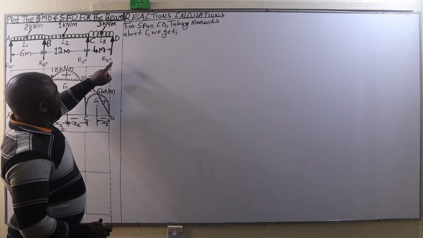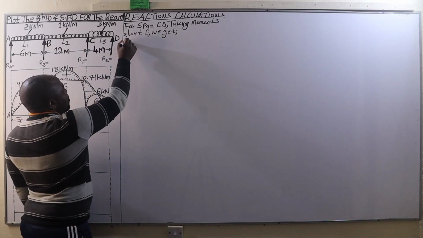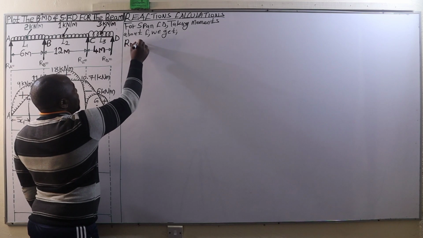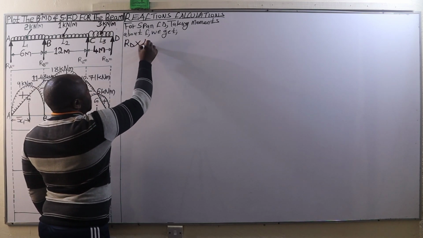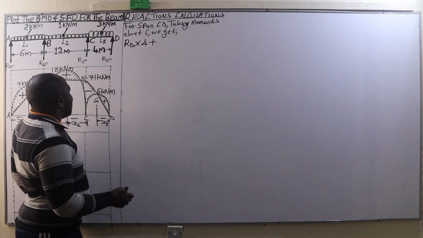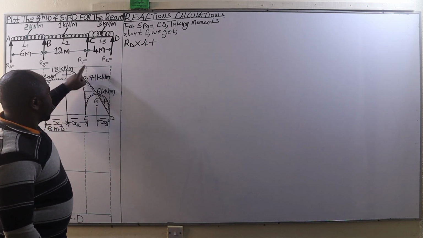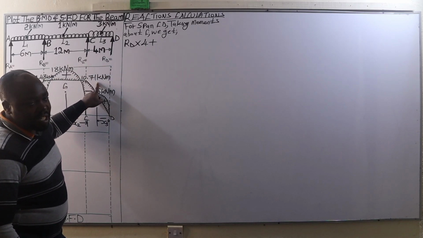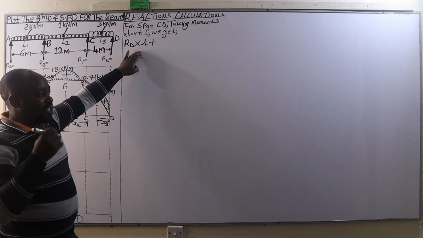So we are going to have RD times the distance from D to C, and that's going to be RD times the span D to C, which is 4 meters, plus we add the bending moment at C, which is 10.71, because those two are going to be anti-clockwise moments.